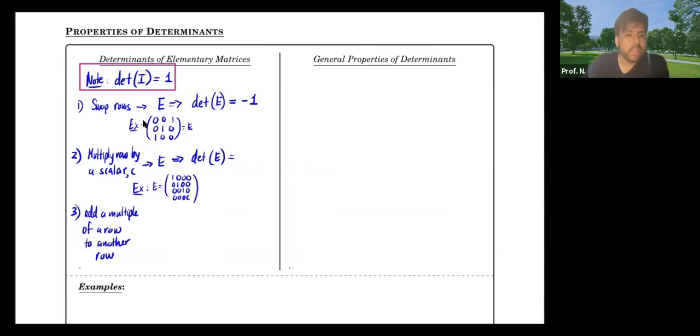It's the identity matrix with the fourth diagonal entry being a C. But what's the determinant of this? It's the product of the diagonals. What's 1 times 1 times 1 times C? It's C. So if I multiply a row by a scalar C, then the determinant of that elementary matrix is C.